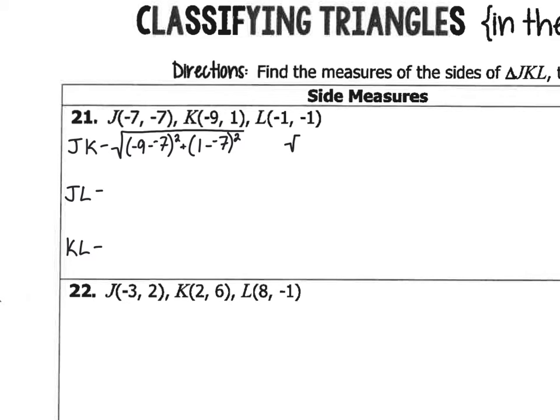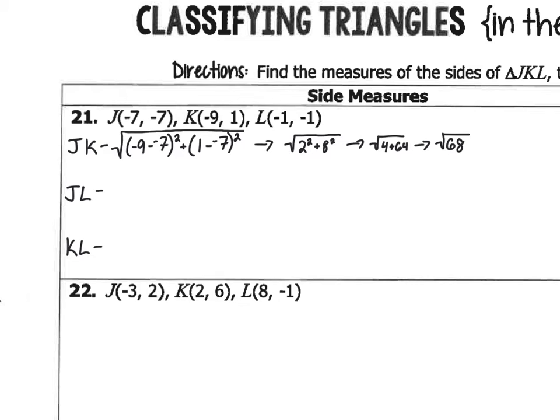So you'll have the square root of 2 squared plus 8 squared, which would give you the square root of 4 plus 64, which would give you the square root of 68. Okay. So we don't actually have to find the actual distance of that.